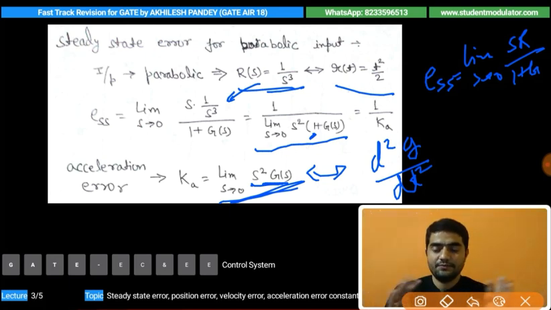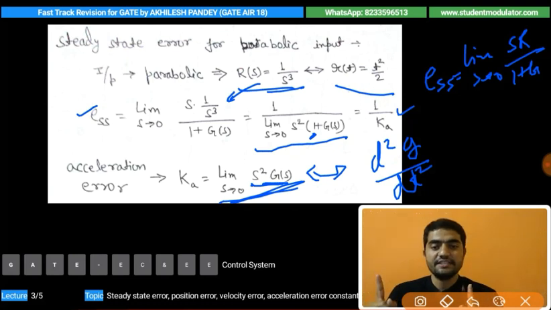So these are the differences between these constants, and why they are called position error constant, velocity error constant, and acceleration error constant. Now, the formula that we have to remember: for velocity error and acceleration error, both we see that 1 upon that constant will be the steady state error.